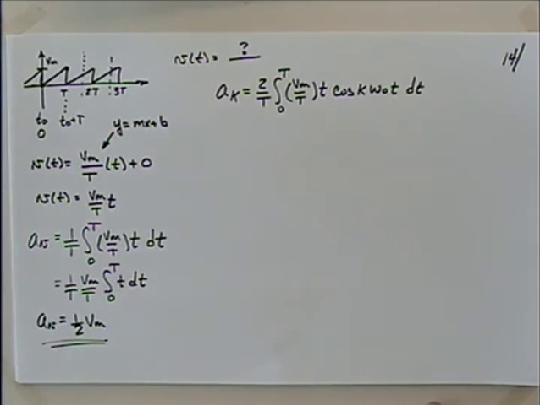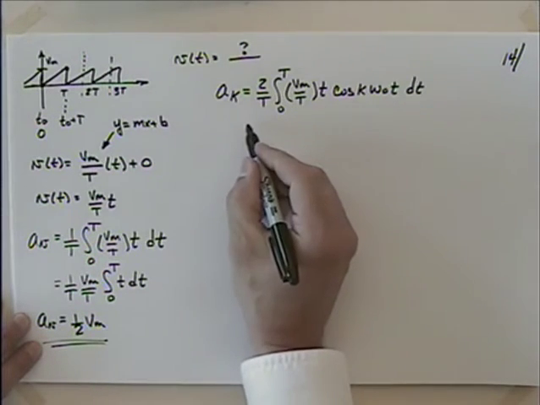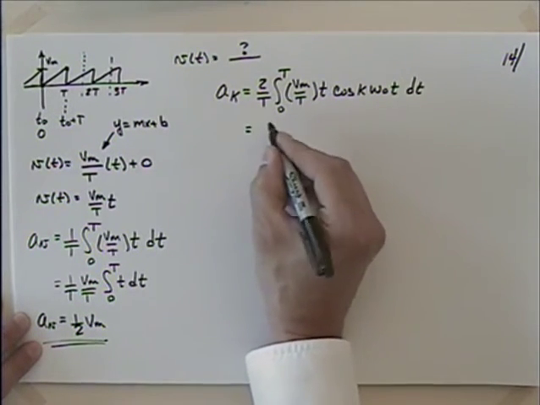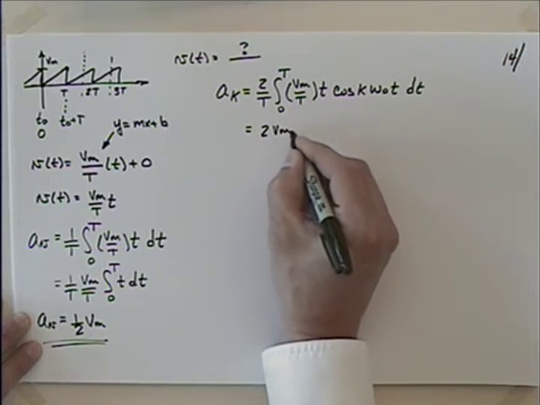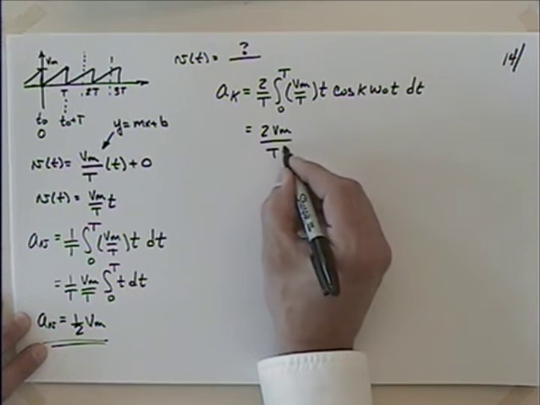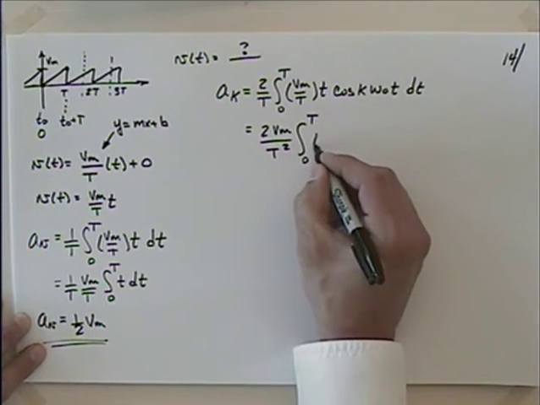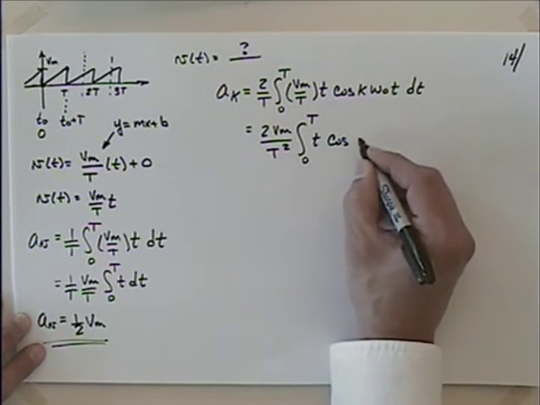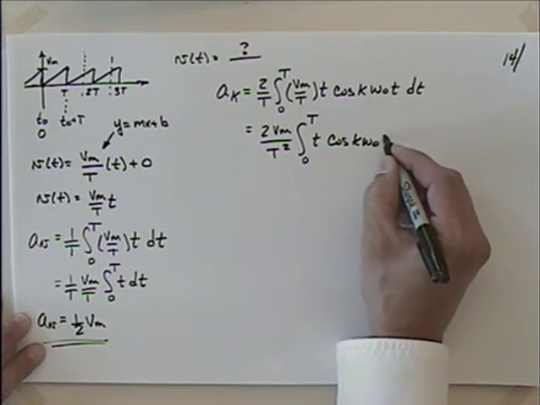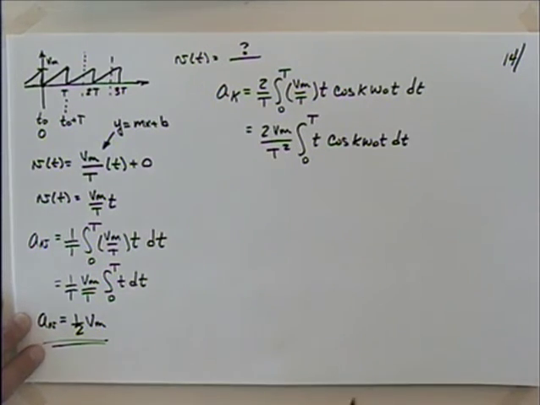Okay. So let's see, this is going to be equal to 2 Vm divided by T squared, and then I've got the integral from 0 to T of t times the cosine of k omega naught t dt.